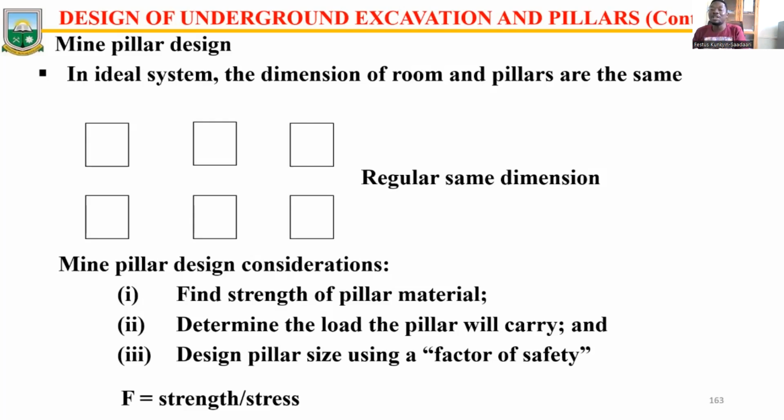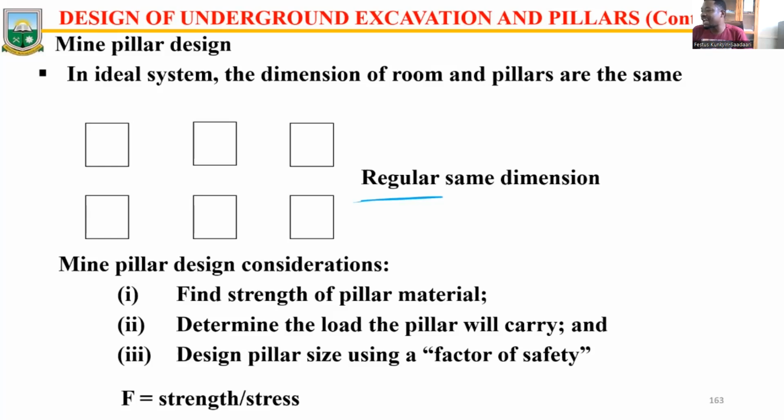And that will help me to do easy calculations and come up with my excavation ratio and all that I need to do regarding the analysis. So, and when it's like that, we call those type of pillars regular pillars. Okay, regular and same dimensions.